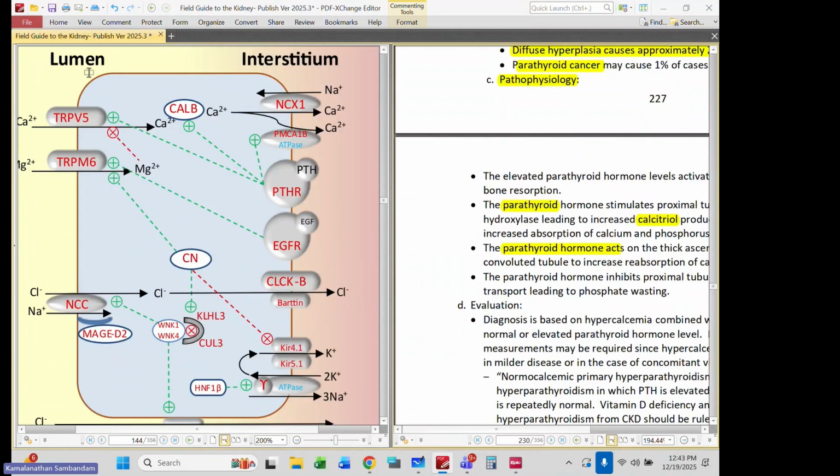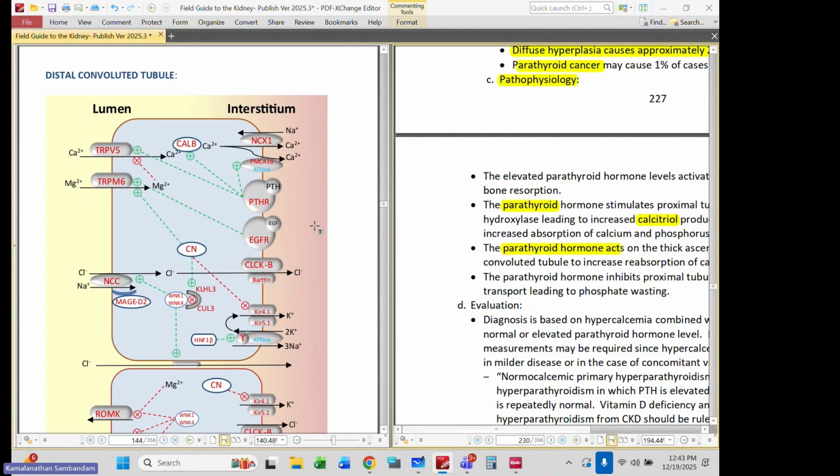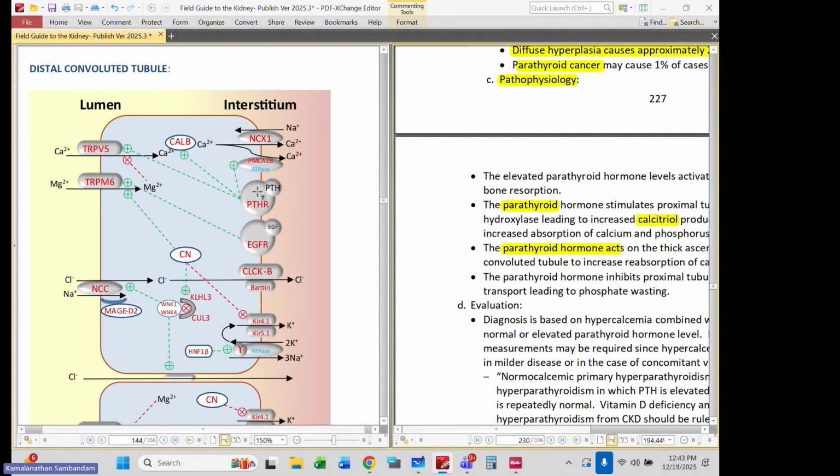Here's the cartoon. TRPV5 channel activity is upregulated by PTH binding its PTH receptor. So I'm getting more apical transport of calcium across this epithelium. But you'll see that PTH also stimulates other steps in calcium reclamation. Basolateral transport is upregulated through the effect of PTH on its receptor. And then interestingly, calbindin is a calcium binding protein, which maintains intracellular calcium concentrations low.